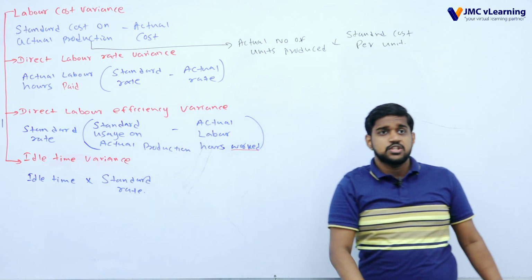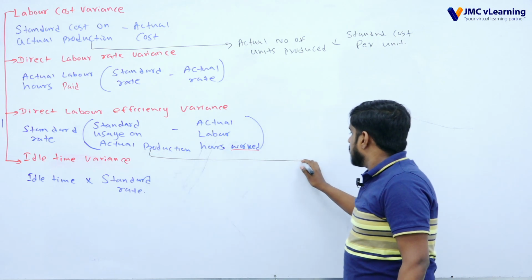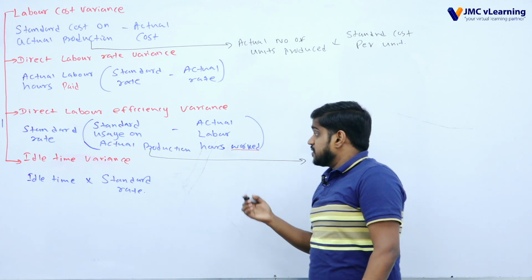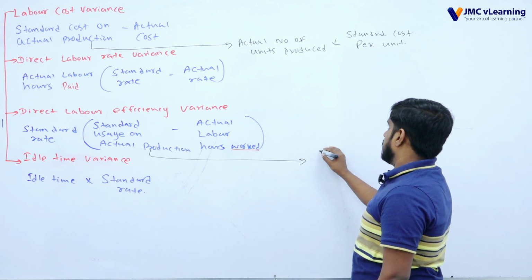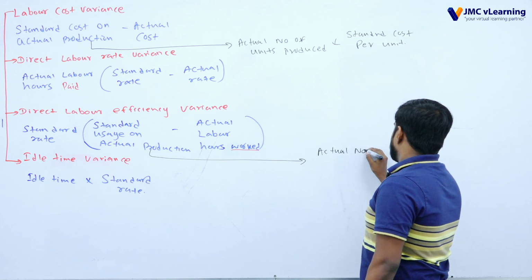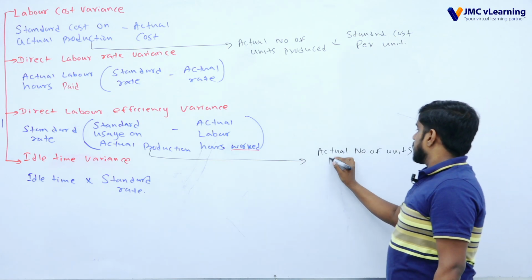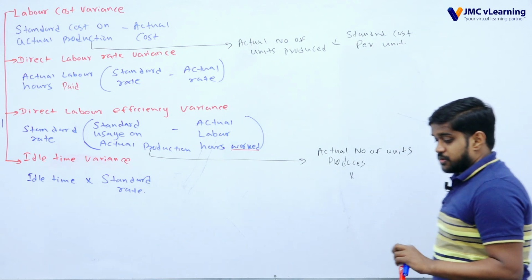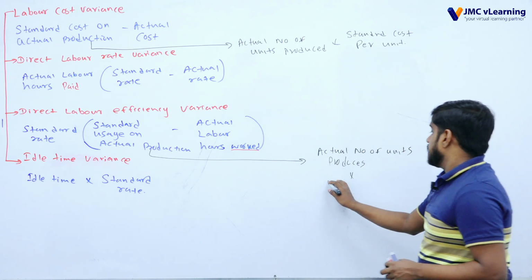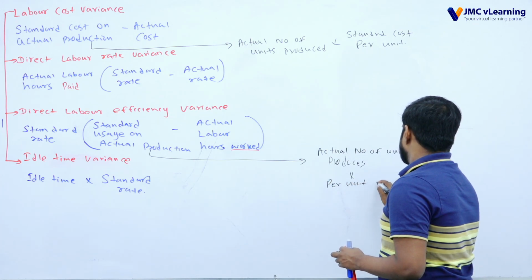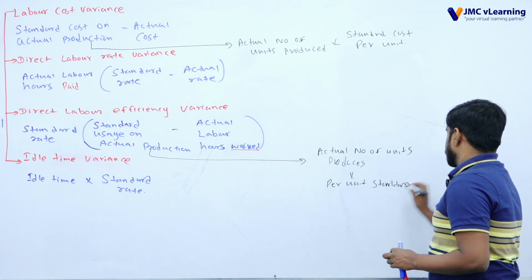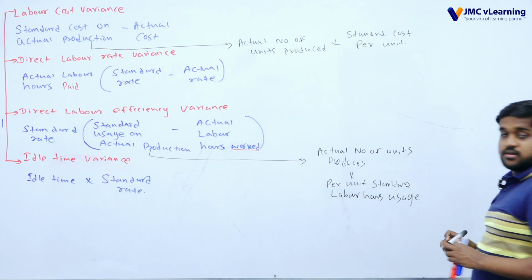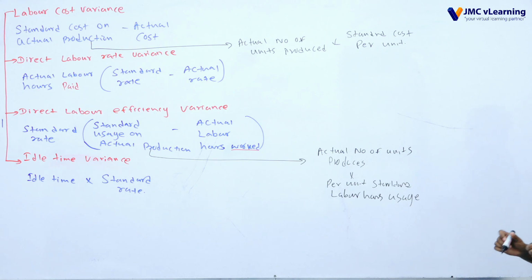But how can we calculate the standard usage on actual production? Simply, we multiply the actual number of units produced by the per unit standard labor hours usage.